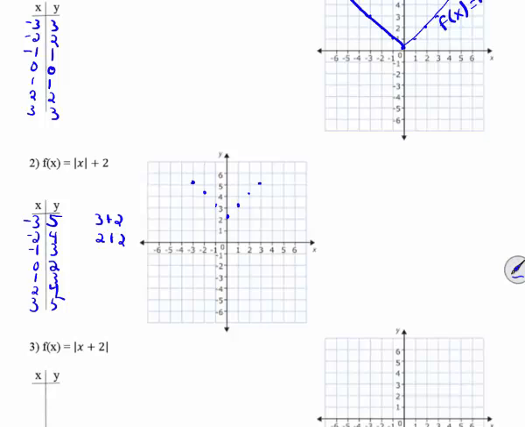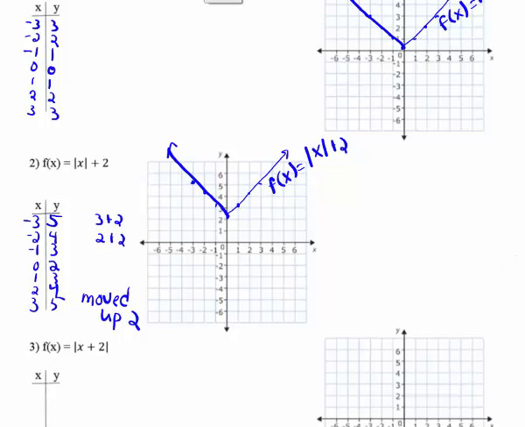If you notice, it looks basically like the one we just drew, except instead of going to the origin, it's going up 2. So f of x equals absolute value of x plus 2. This is moved up 2 from the parent function, which we're going to talk about a little bit later.